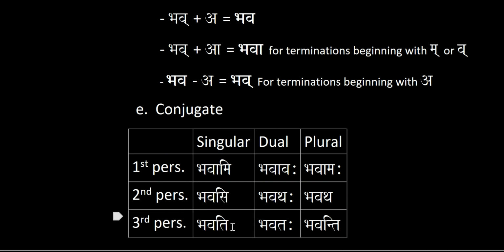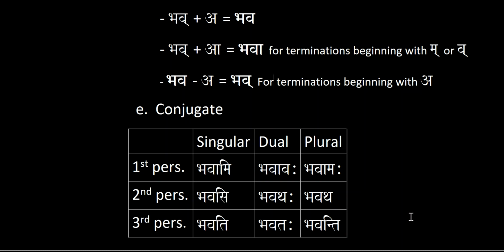Bhavati is he, she, or it is, or he, she, or it becomes. Bhavataha, because this is third person dual, is the two of them become, or the two of them are, and bhavanti is they all become, or they all are.